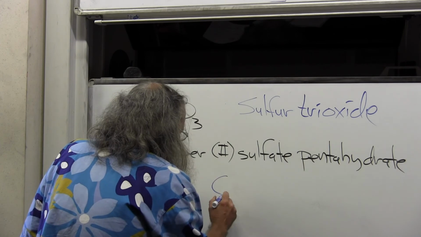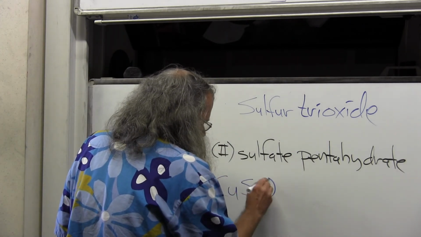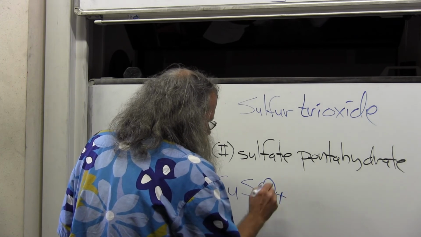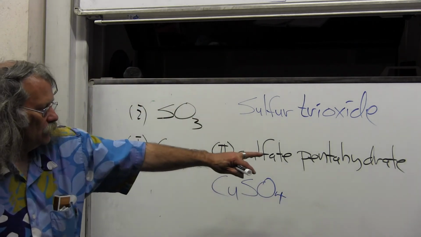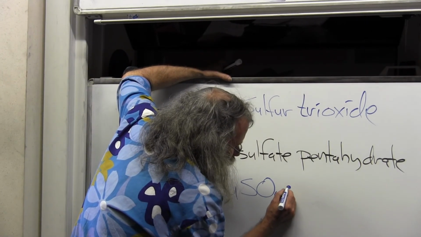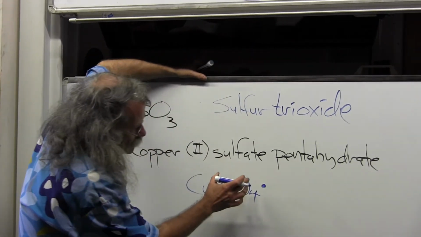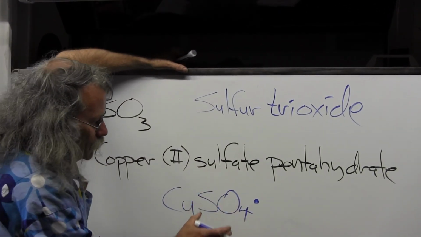That is copper, and now I have to have the formula for sulfate, so I would write this the same way I would write the formula for copper sulfate. And now, to declare how many hydrates are present, we use a dot that is not a subscript or a superscript suffix.